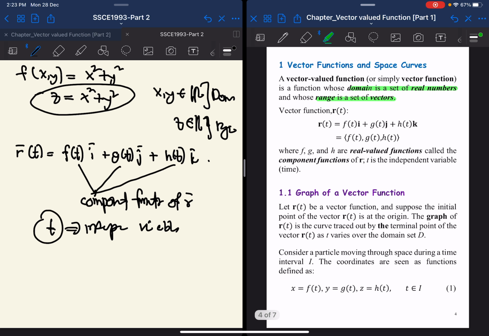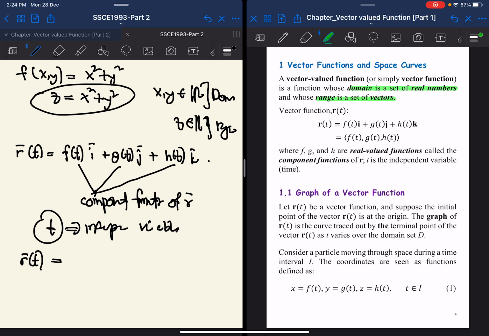Let me give you an example. Let's say I give you a vector function like this. You should know the possible values of t, so that you will be able to understand the second subtopic after this.